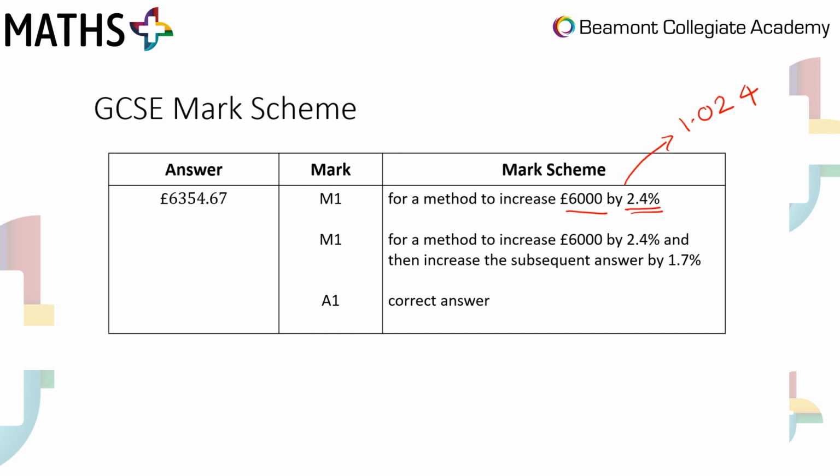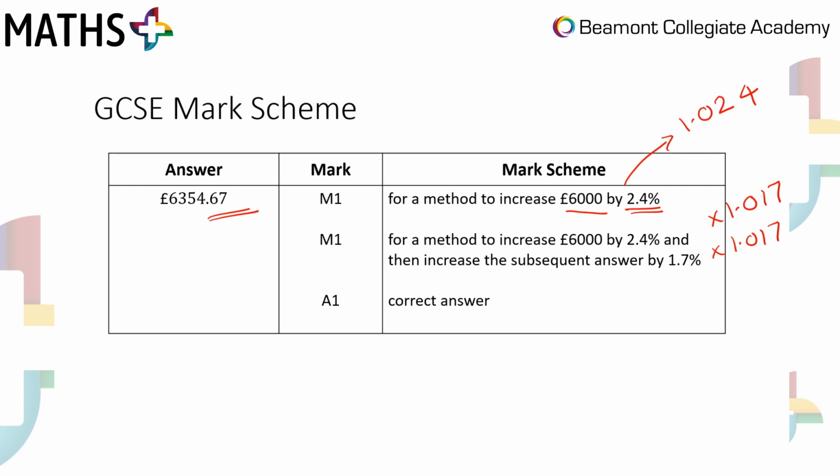If you then understood the question successfully and you've realized that we've now got to increase it by 1.017 and then by 1.017 again, then that would give you the second mark, and then the third mark is for the final answer.